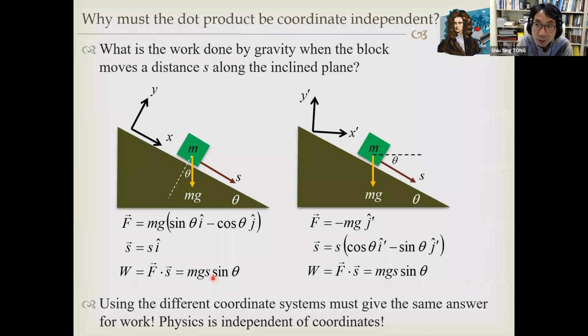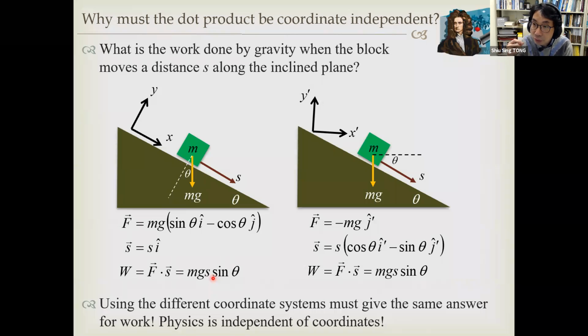You use whatever coordinate you use to calculate the energy transfer, and you should get the same value, if that represents some real physics, right? So it is important for the dot product to have this property.